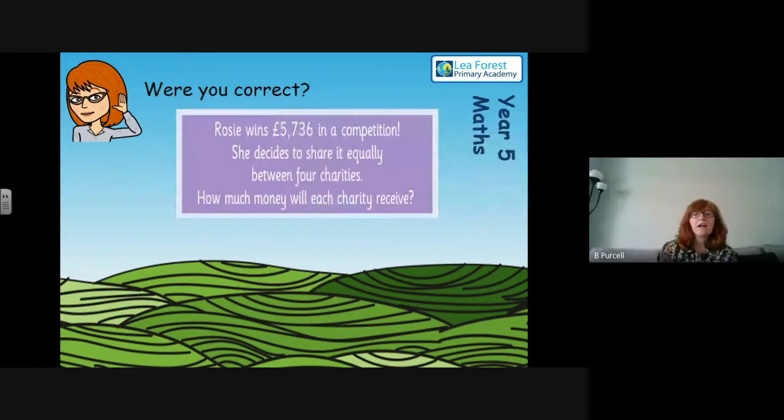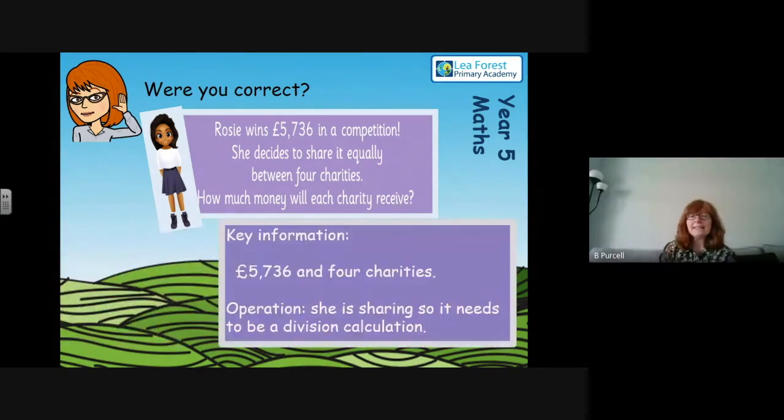Were you correct? Rosie wins £5,736 in a competition. She decides to share it equally between 4 charities. How much money will each charity receive? The key information, as so many of you spotted, was that it's 5,736 and it is 4 charities.